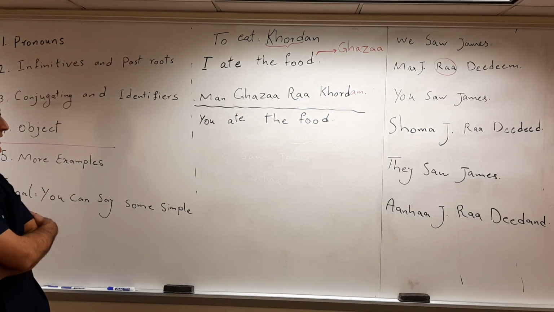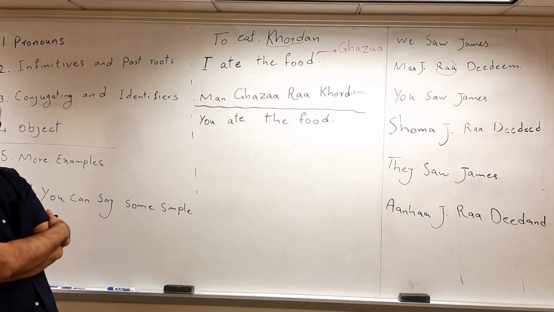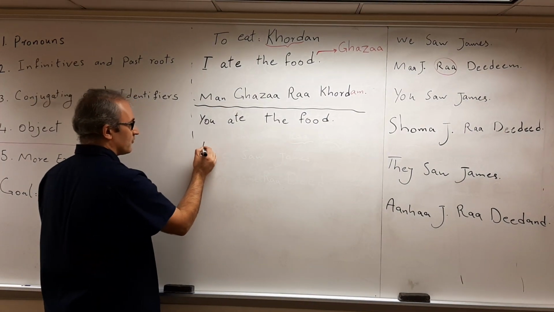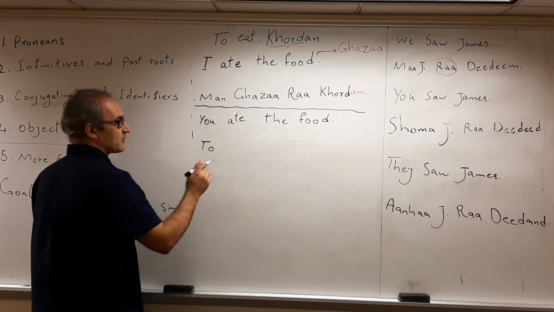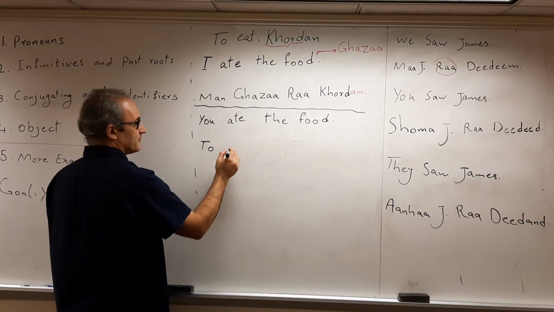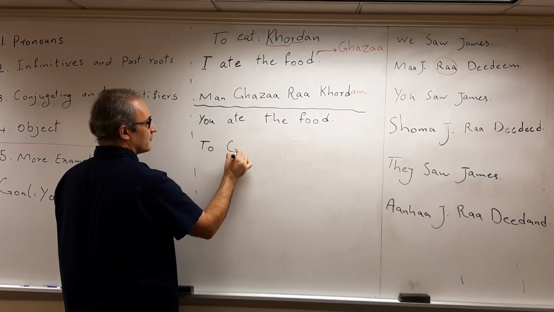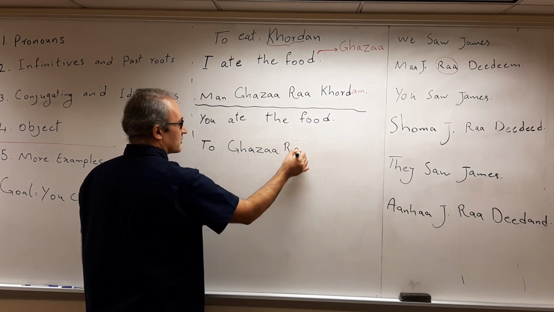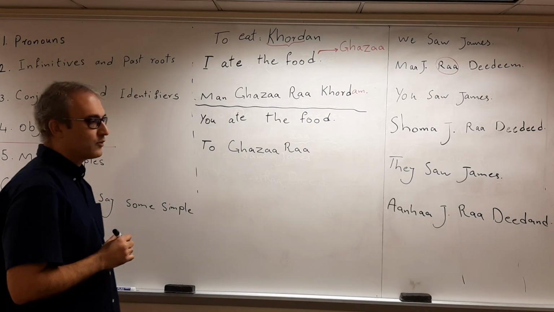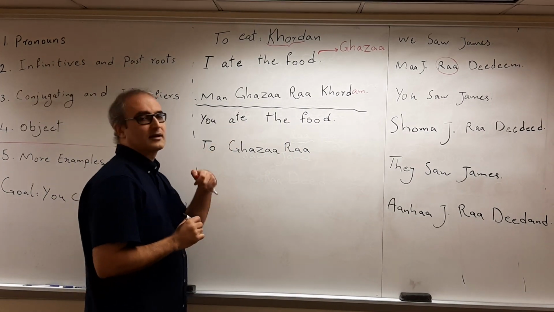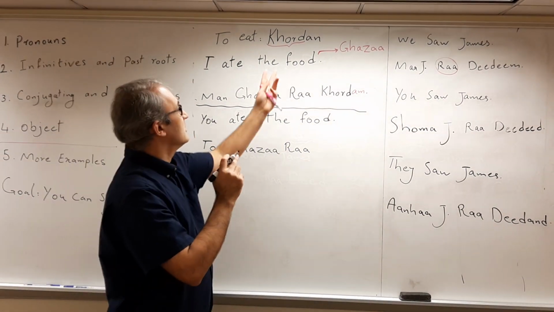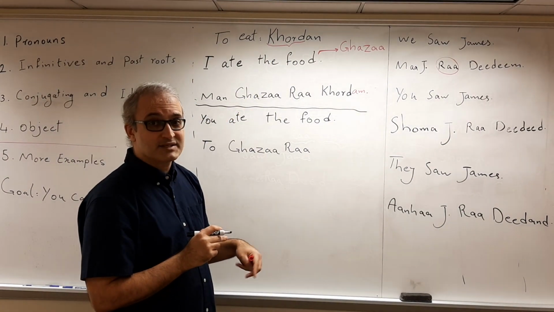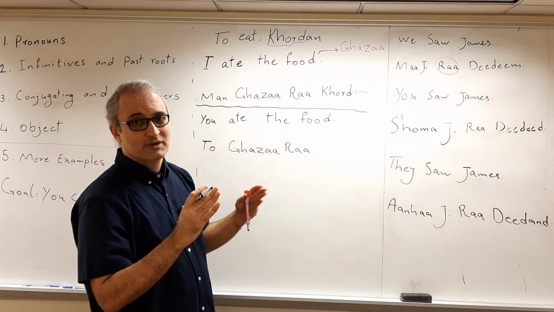Okay, let's go together. You did it or not? Yes, I'm sure. Okay, you. To. What's the object? The food. To. Gaza. Ra. What? Khordan. The root is khord, and the identifier is I. To.